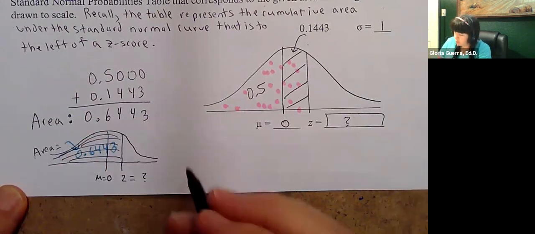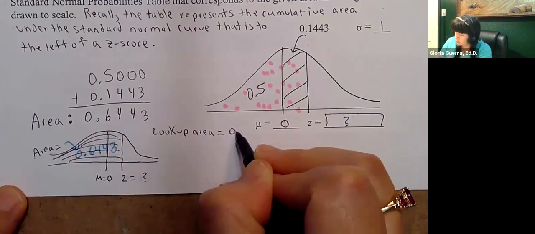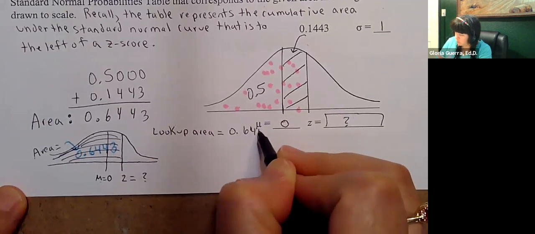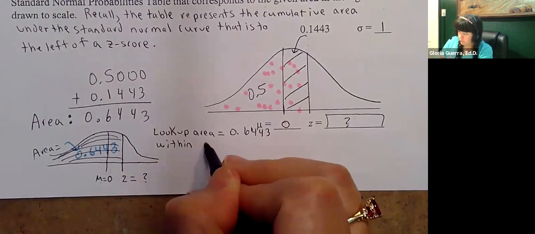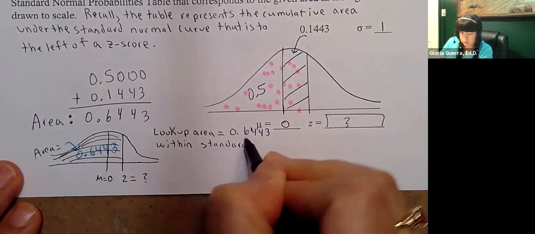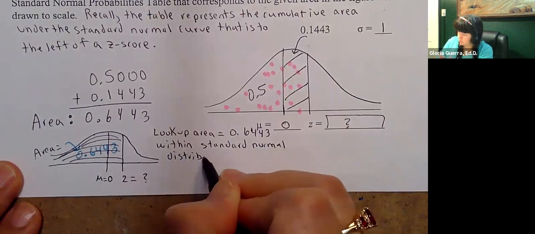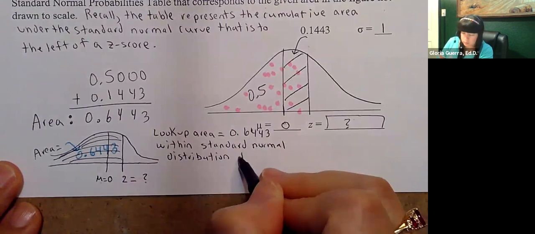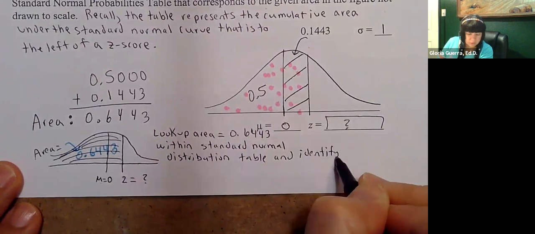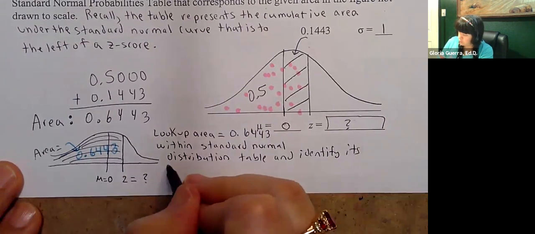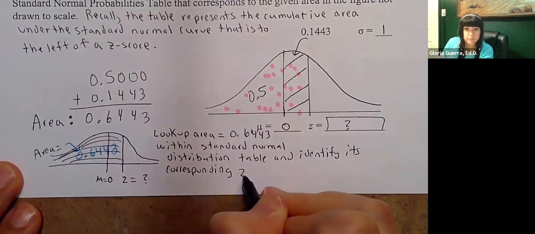So you want to look up area equals 0.6443 within the standard normal distribution table, and you want to identify its corresponding Z.